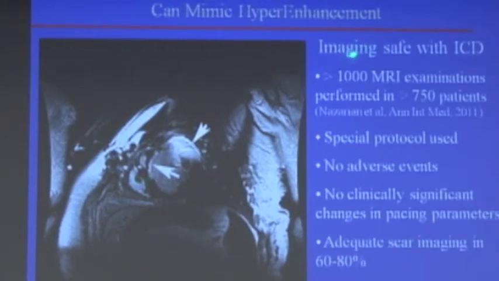So in fact, imaging can be safe with an ICD. We've actually done over 1,000 MR examinations in over 750 patients, with no significant problems at all. And about half of these were ICDs, so you certainly can do it. We have used a special protocol. There have been no adverse events. There have been no clinically significant changes in pacing parameters. And we get adequate scar imaging in about 60 to 80% of patients.